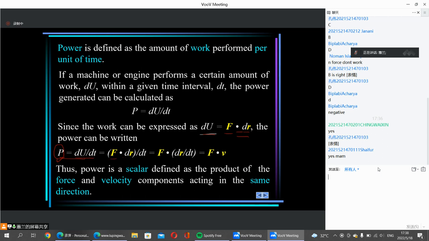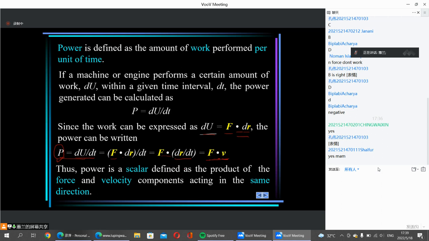And we know dr/dt will be the velocity. So the power is equal to the force dot the velocity. It's a scalar, because the dot product always results in a scalar. It can be positive, it can be negative, right?